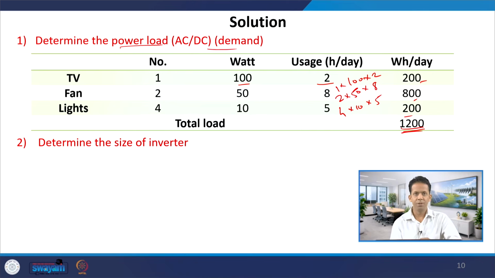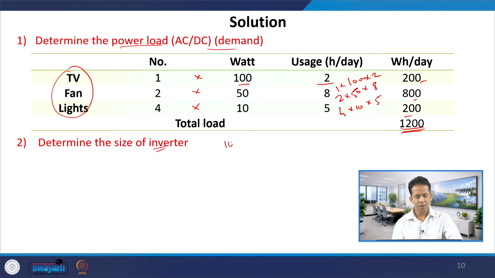Okay. Once we know the power load, second step is determining the size of inverter. For size of inverter, we assume that each of these appliances are switched on simultaneously. So the maximum wattage that we would require would be 1 into 100 plus 2 into 50 plus 4 into 10.